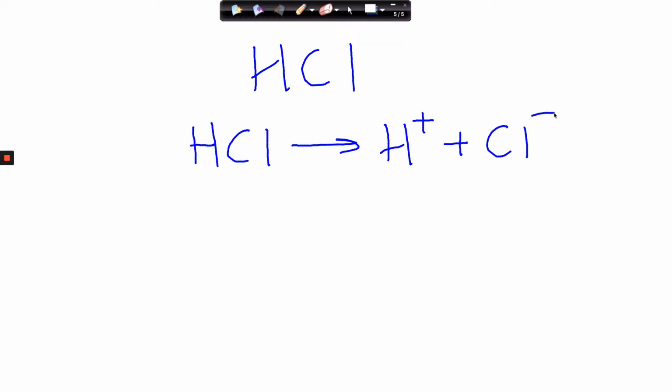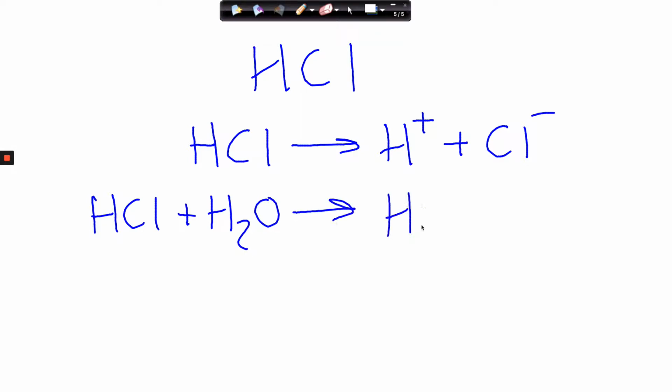Absolutely. But guys, where does that take place? In water. So we could come along and say, okay, well, if that happens in water, let's include the water. Well, when we include the water, now we get this. So which one is correct? Well, both of them. This is just abbreviated, if you will, because we're not including the water.